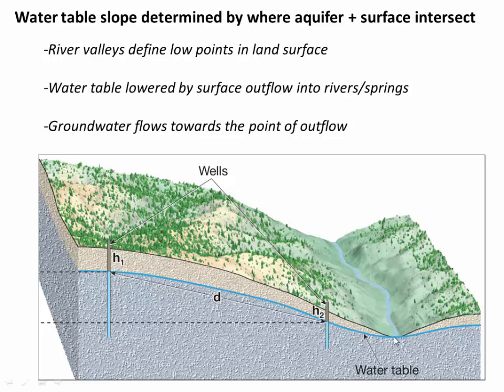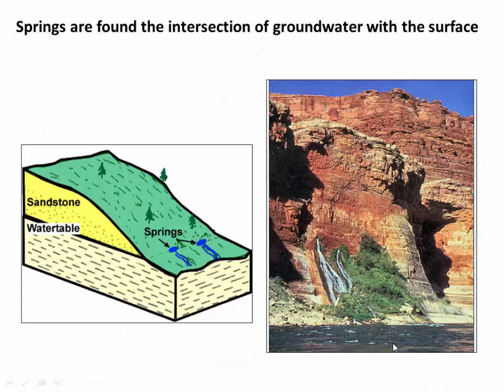So river valleys are usually associated with low points in the water table, and groundwater is usually going to flow from the higher levels towards those lower levels. And so what do we find at those places where groundwater does intersect a river valley, for example? Well, that's where we find springs.